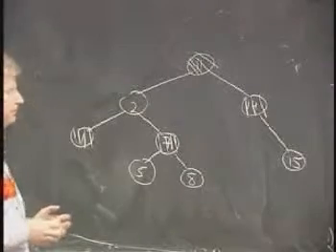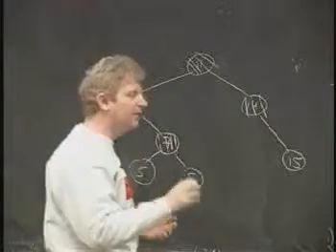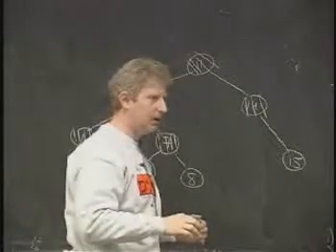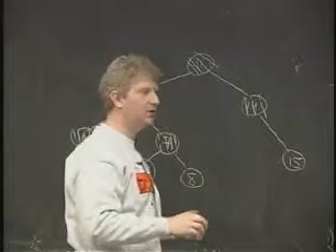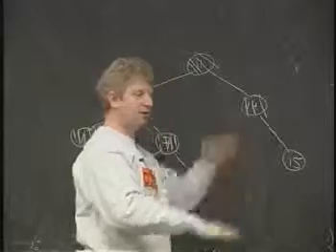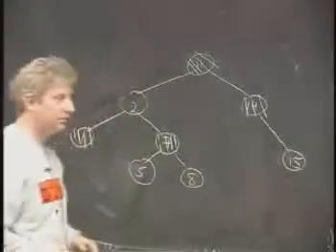If you colored everything black, then you'd always have to have a complete binary tree. And that's too hard to maintain. So adding in the red actually gives us flexibility rather than takes it away. It lets us make things a little more unbalanced, but still keeps it within a double factor.